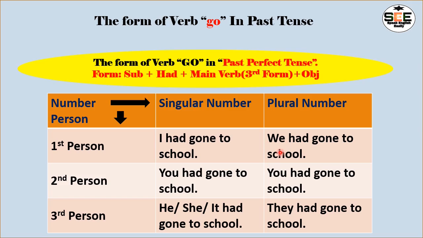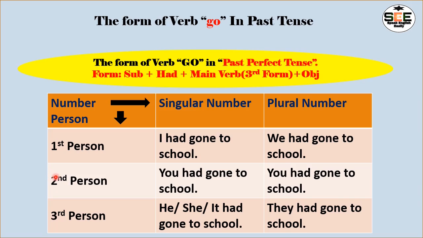So here we is the subject, had is the helping verb, go is the main verb in third form, and school is the object of this sentence. So we had gone to school, right?